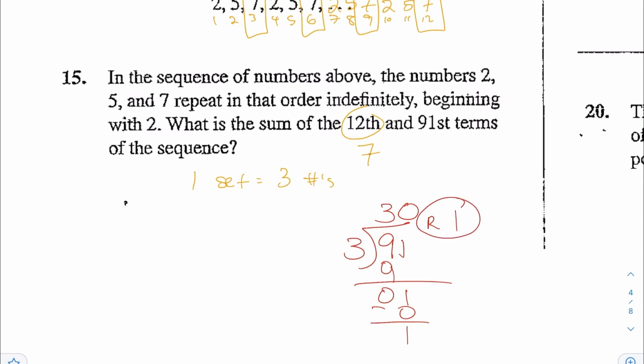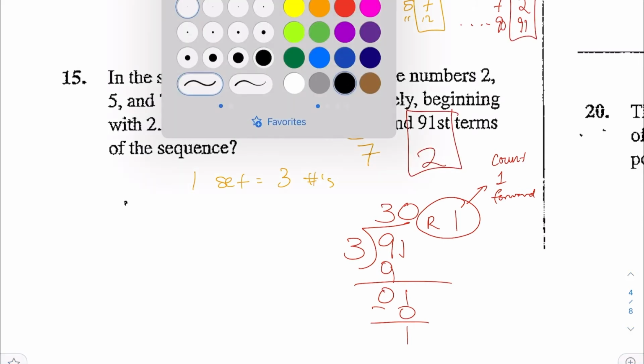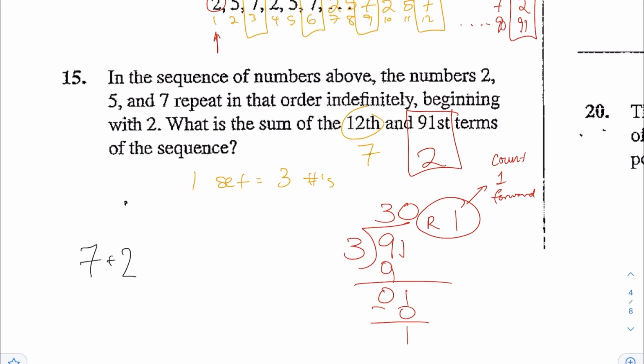The 1 means you just have to count 1 forward. After 90 numbers, or 30 full sets, the 90th term will be a 7. The 91st will be the number 2 again. So the sum of 7 and 2 is 9. That's the answer for number 15.